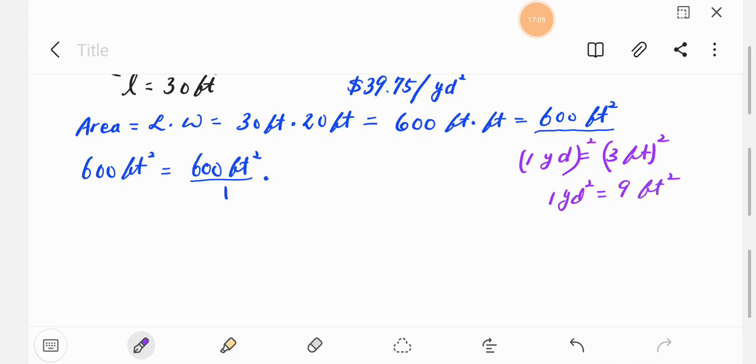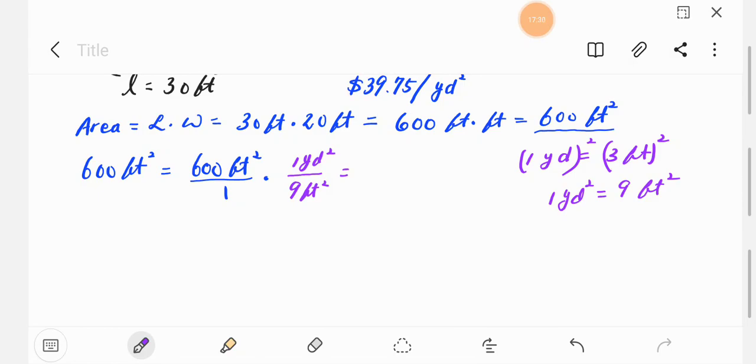All right. So you can write it here. Square feet is in the numerator, so the denominator of the conversion rate should contain square feet. So now, write 9 square feet in the denominator. Then write 1 square yard in the numerator.